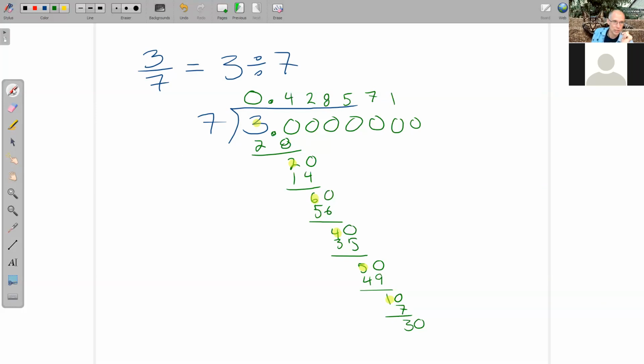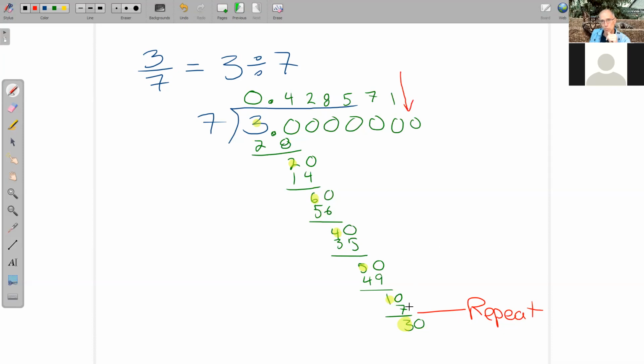And so I actually do repeat that 3 remainder right here. So I'm going to draw a little line right there. That's where the repeat starts because I'm seeing another 3. And I had a 3 right there.